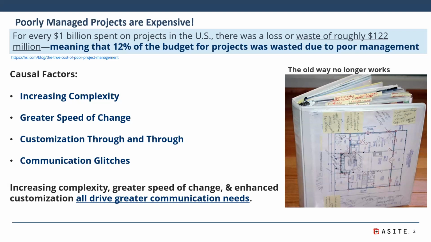Looping back to that 12% of budgets wasted, today's projects are even more challenging than they used to be, right? We see increased complexity over and over again in what clients and customers want. We see folks expect a greater pace of responding to change.